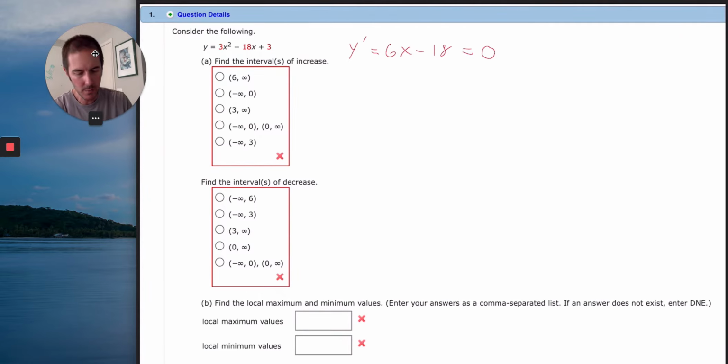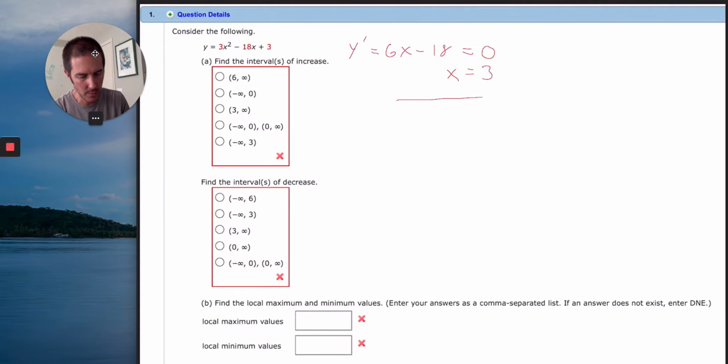Add 18 to both sides, divide both sides by 6, and we get x equals positive 3. So this is where we have our horizontal tangent line. Or I should say it's when we have our horizontal tangent line. To the left of this x value, our function may be increasing, might be decreasing.